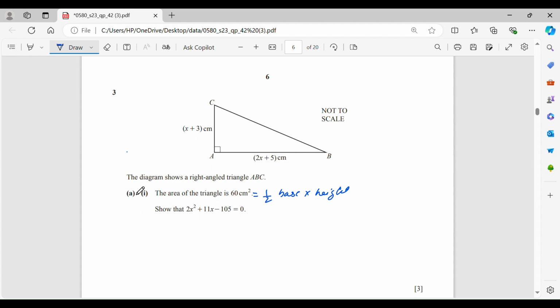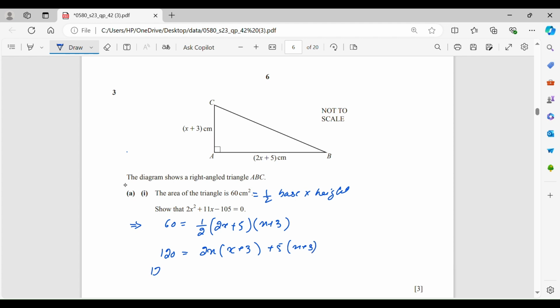Now area of the triangle 60 is equal to 1 by 2 bracket, base is 2x minus 5 plus 5, and x plus 3. So 60 into 2 is 120. This is equal to 2x multiplied by x plus 3 and plus 5 multiplied by x plus 3.